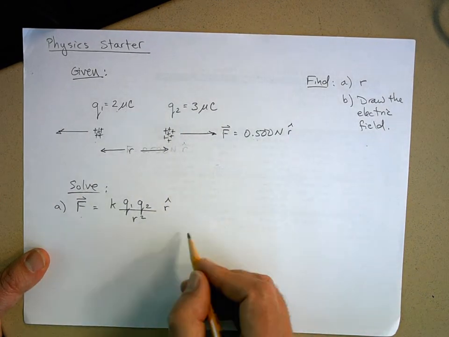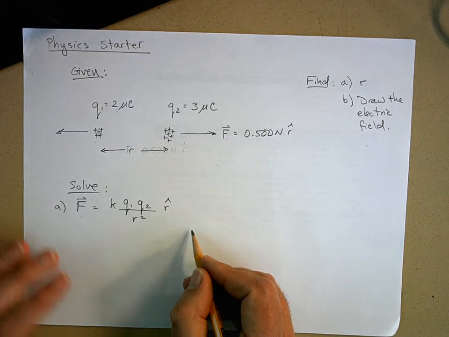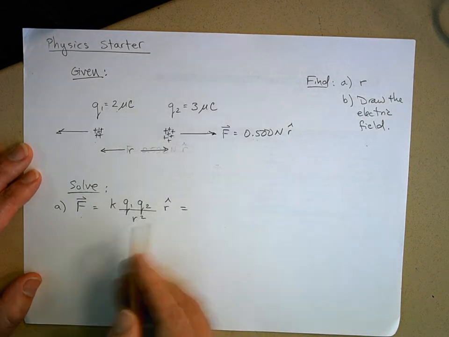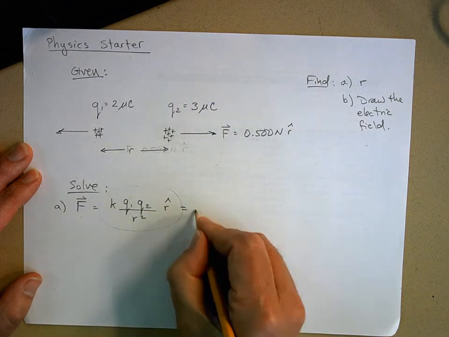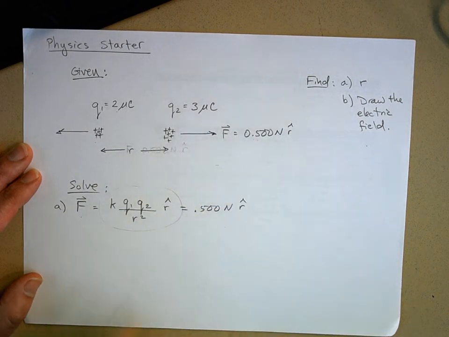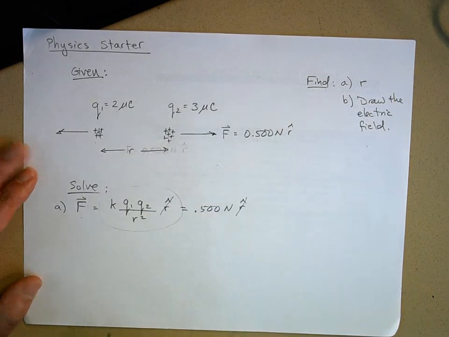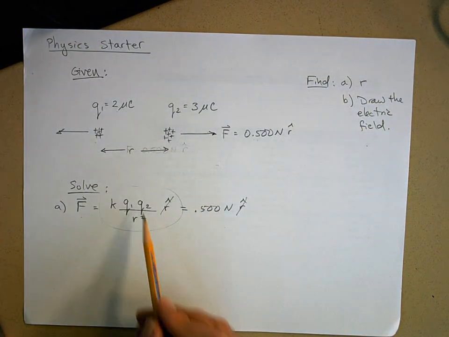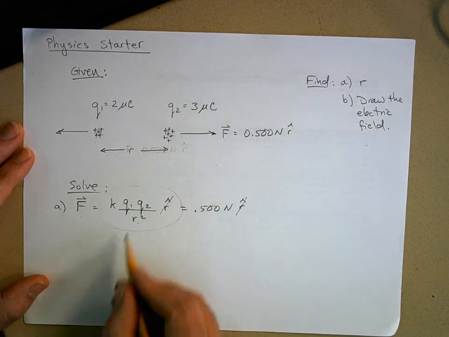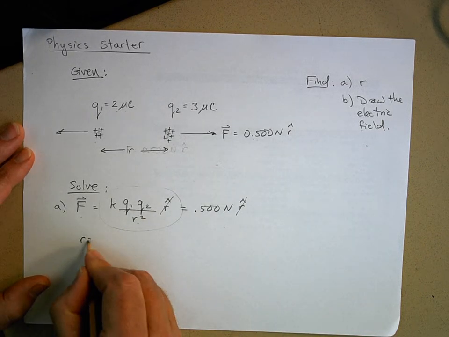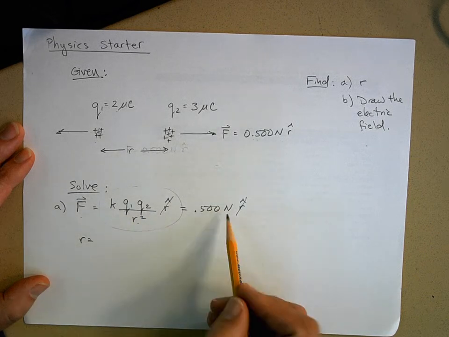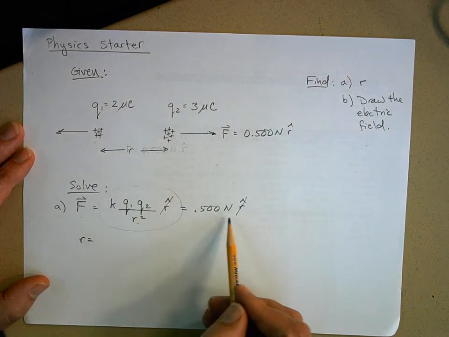Let's go ahead and say that this is equal to 0.500 newtons in the R hat direction. We can just cancel out that R hat, and we're going to solve for R squared. Solve for R. I'm just going to multiply both sides by R squared, divide both sides by 0.5.